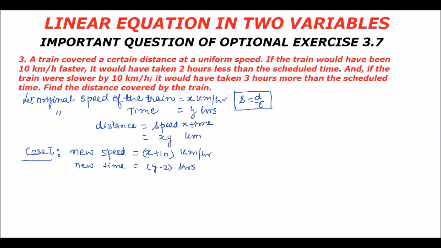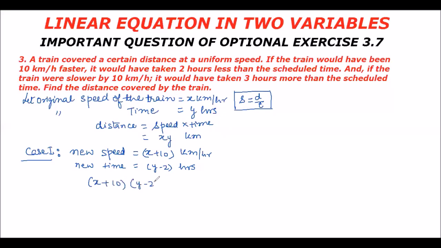Mind this thing that you are traveling the same distance. But now the speed is this, time is this. Using the same formula, I can find the same distance as the product of speed into time. Therefore, the distance is (x plus 10) into (y minus 2).